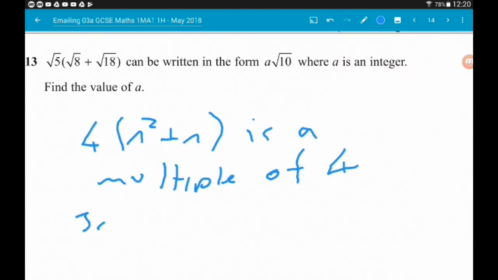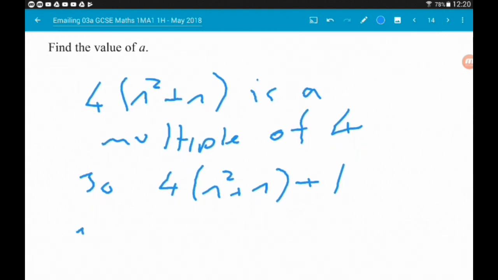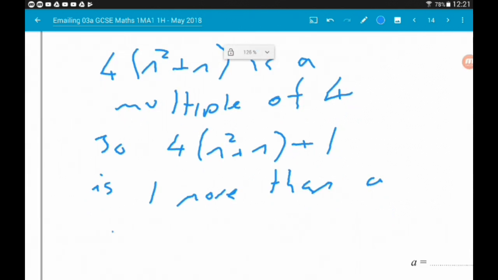So 4 lots of n squared plus n plus 1 is 1 more than a multiple of 4. With proof questions, it is important to say why what you've shown shows what we were asked to prove.